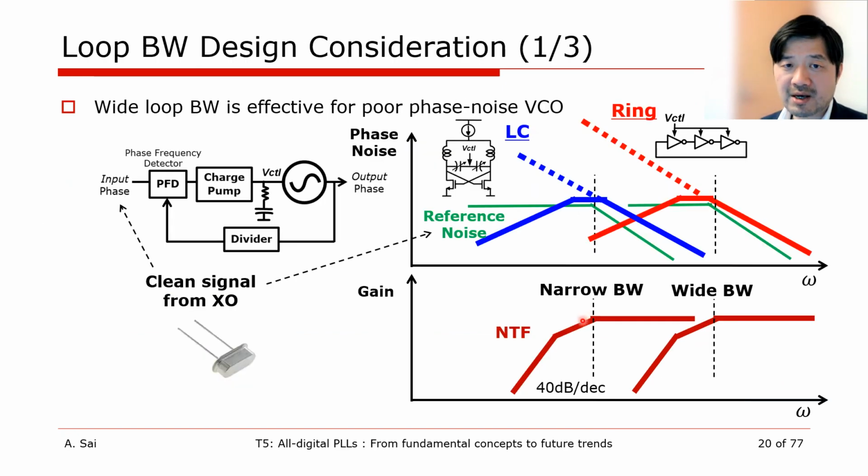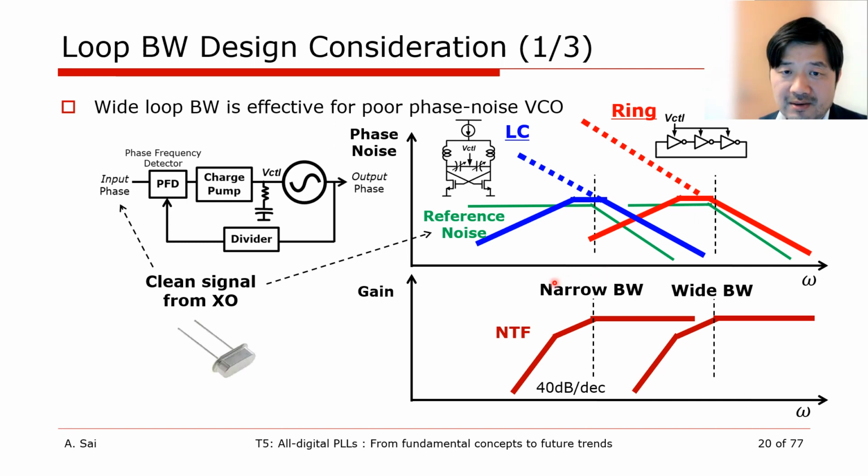So far, we have explained the relationship between the loop bandwidth and the NTF and STF. The higher the loop bandwidth and the higher the order of the PLL, the more the VCO phase noise can be suppressed. On the other hand, the lower the loop bandwidth, the higher the phase noise of the VCO and the lower the phase noise of the input signal.